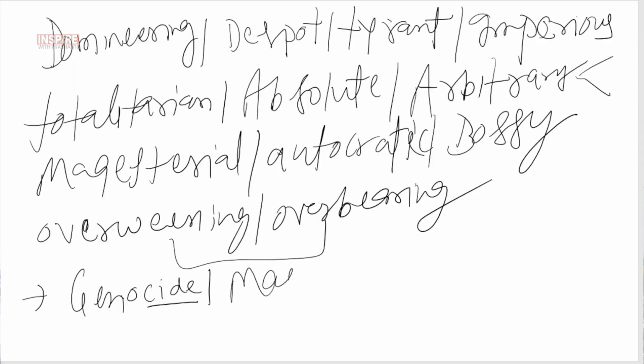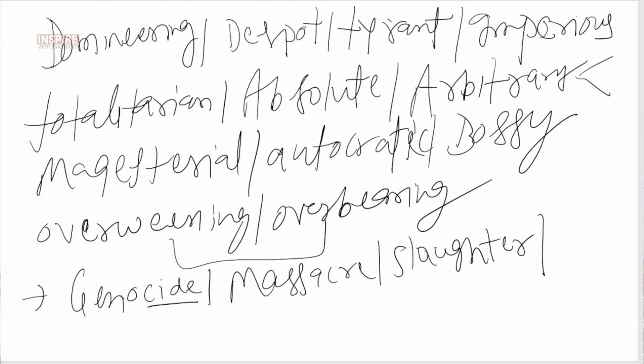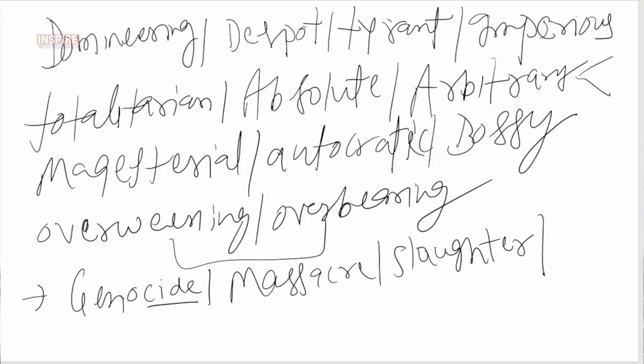And I told you that common word which is massacre, a general word for that is also slaughter. So when you talk about destructing life at a mass level, it is also carnage. Any sort of destruction is carnage, but carnage is also mass killing. So guys, never forget these words for mass killing.